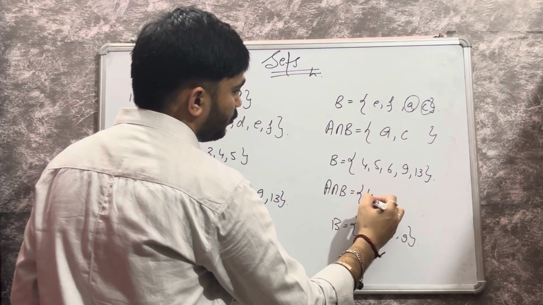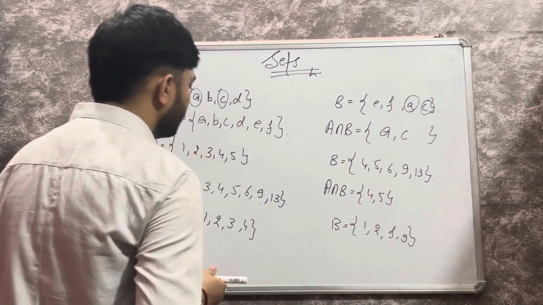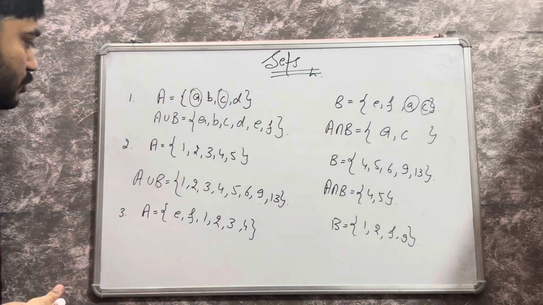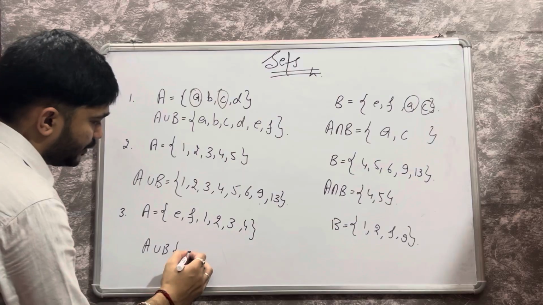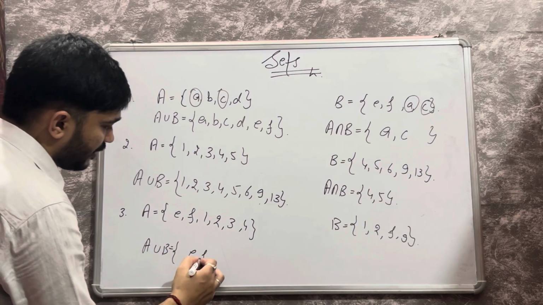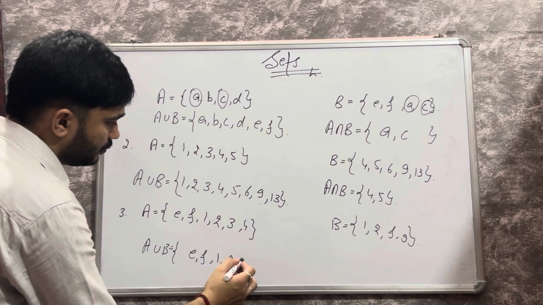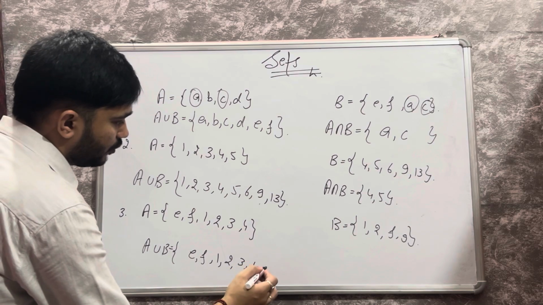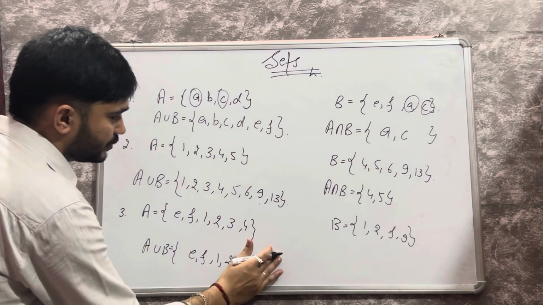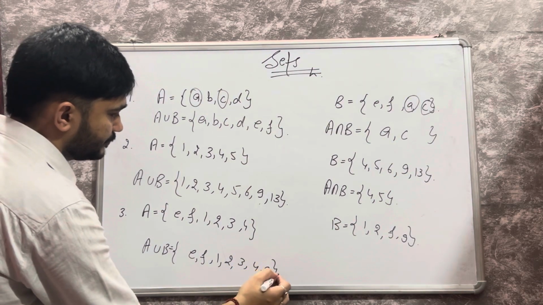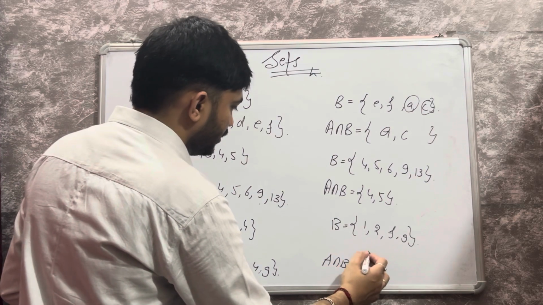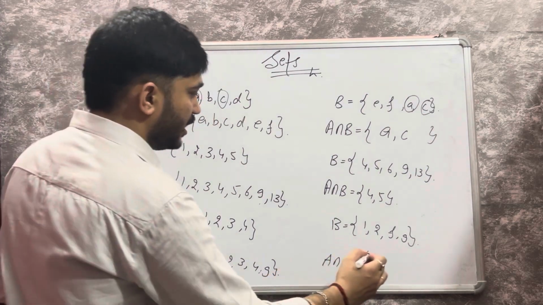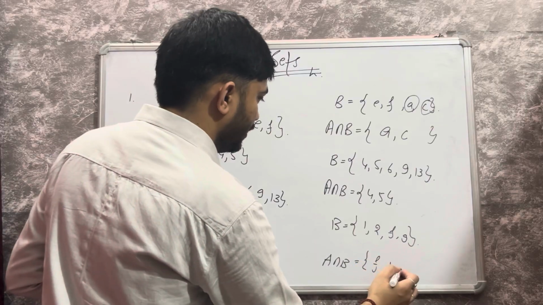We are going to have 4 and 5 only because these are the only two common elements between them. A union B here should be e, f, 1, 2, 3, 4, g, since f is already here. And A intersection B is equal to the common elements, that is f, 1 and 2.